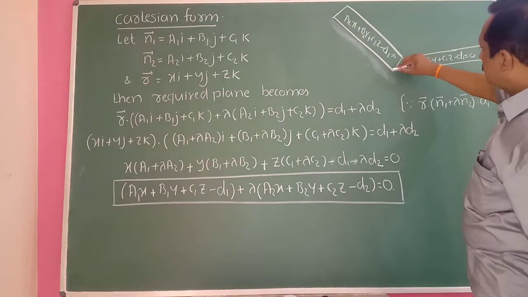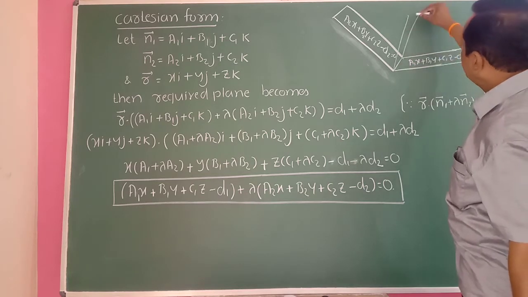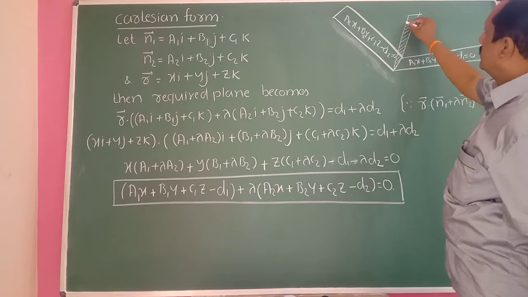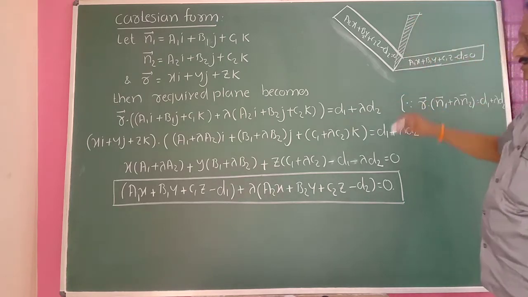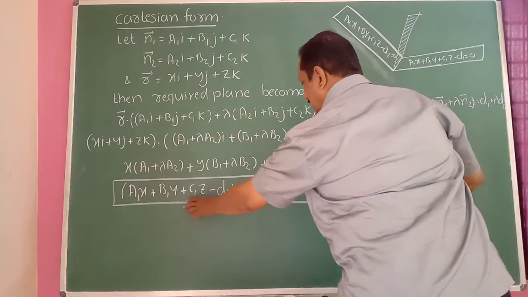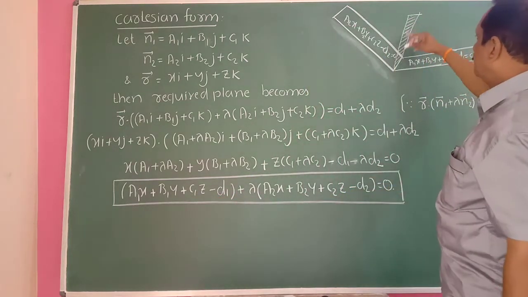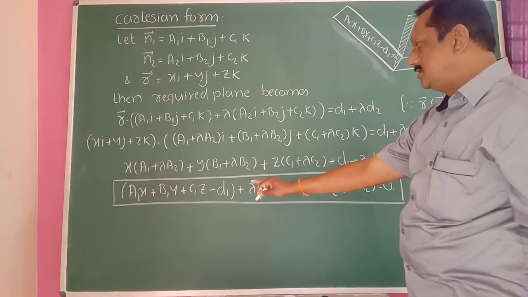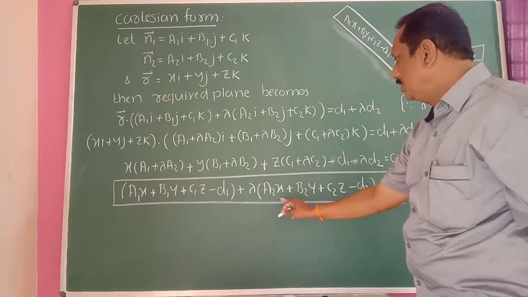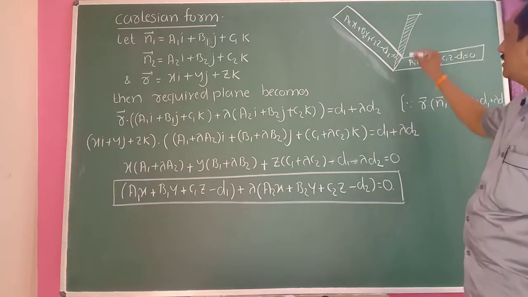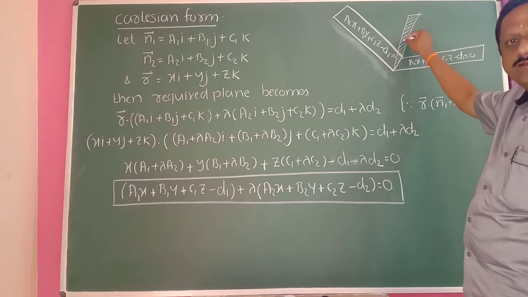Then this is the third plane passing through this line of intersection, and we want its equation. This is one plane, this is the other plane, and the third plane is given by A1x plus B1y plus C1z minus D1 plus lambda into A2x plus B2y plus C2z minus D2 is equal to 0. This is the equation of the third plane.